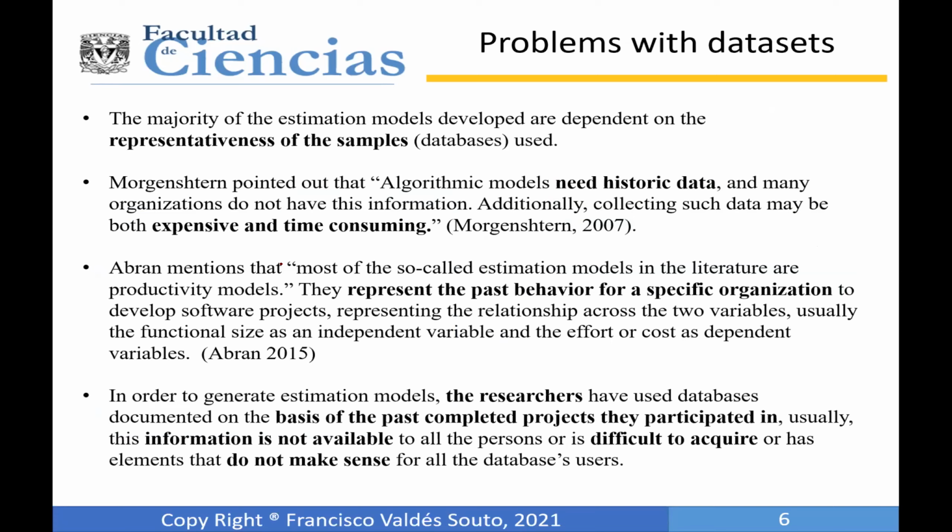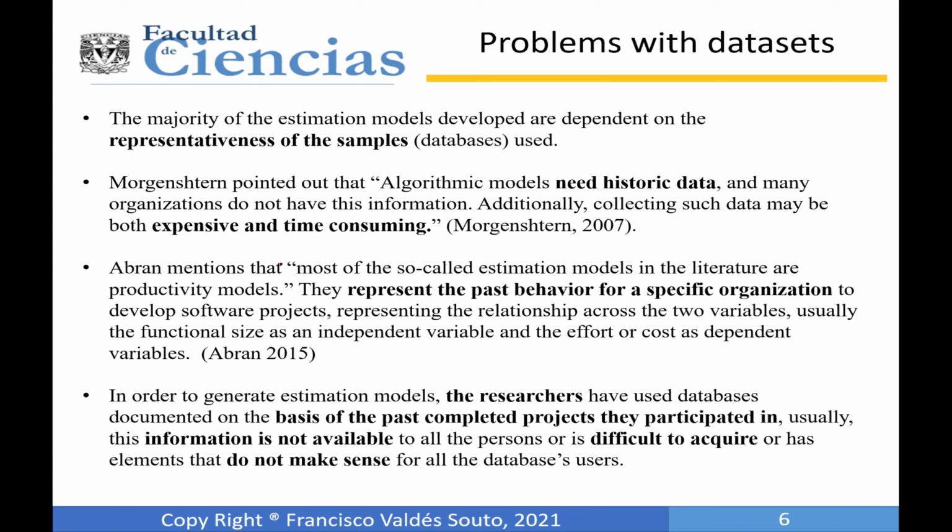Most of the models that have been developed in the literature depend on the representativeness of the samples. That means the results we get from the model depend on the data. Morgenstern points out that to generate estimation models we need data, as we have mentioned, but most organizations do not have this data.